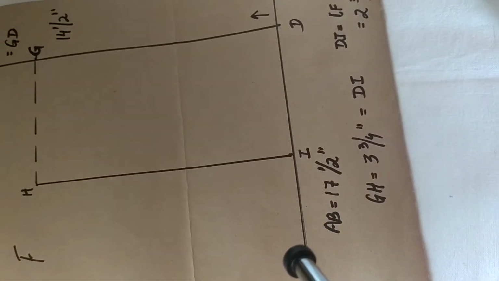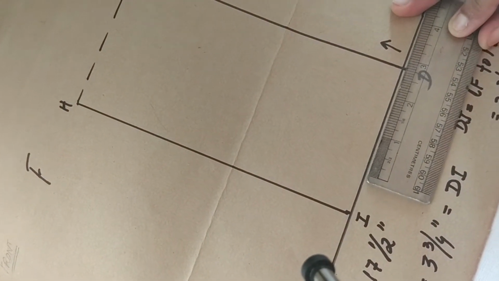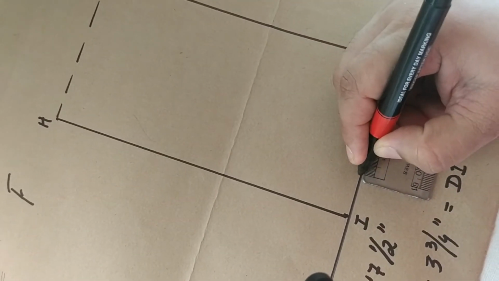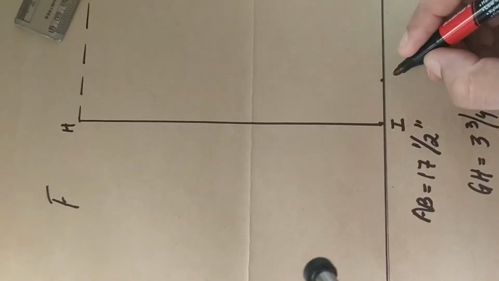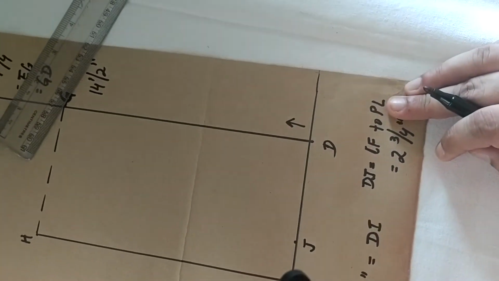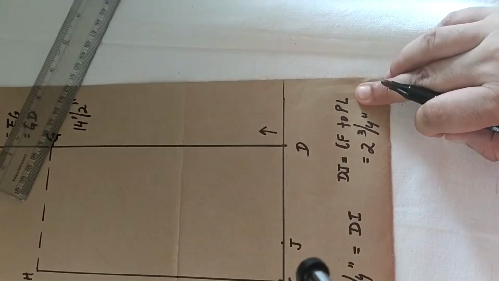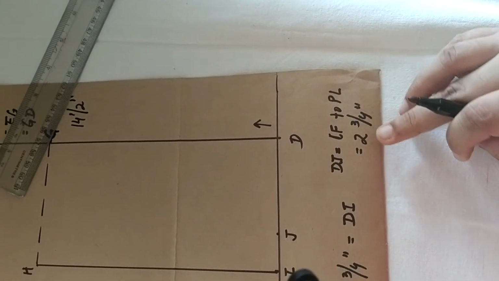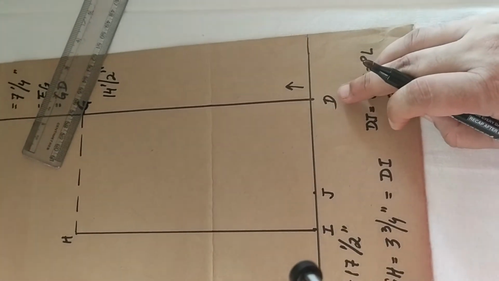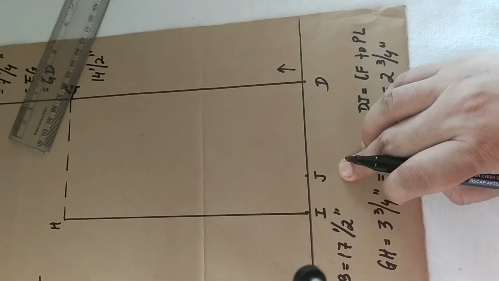So from D, I will measure 3/4 inches, and I will mark this point as J. What I have done is I have taken the measurement of center front to princess line for size 34, and this measurement is 3/4 inches. So I have done the marking here from D to J as 3/4 inches.